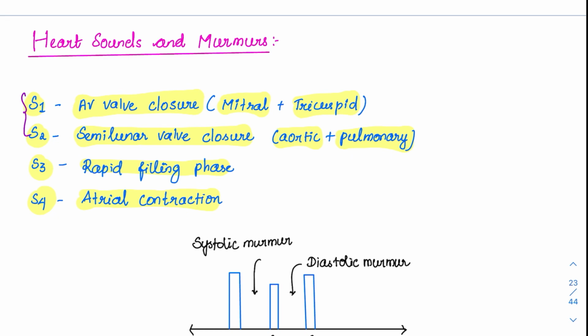So you put your stethoscope on the chest wall and hear 2 sounds, and then put one of your hands on any of the pulses, preferably the carotid. Whichever heart sound corresponds with the carotid pulse, that is S1. So this S1 corresponds with the carotid. So this is important.